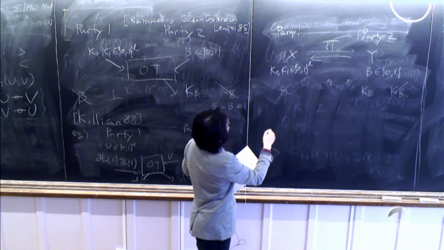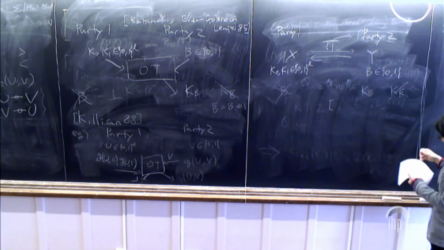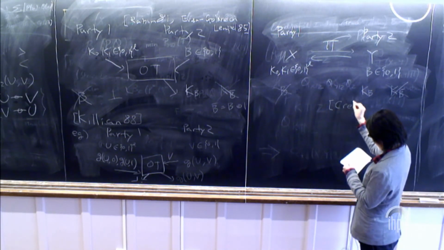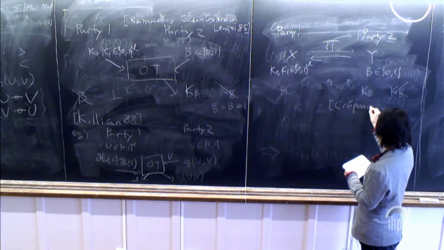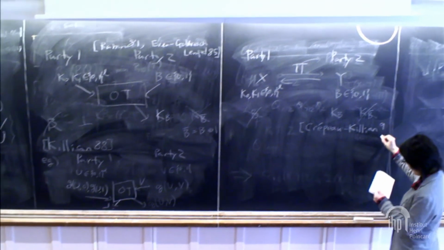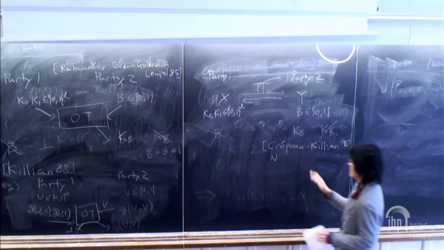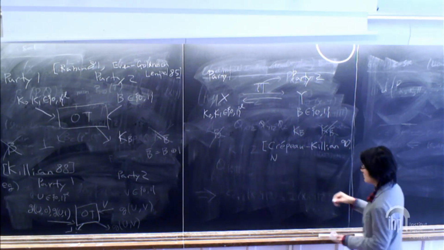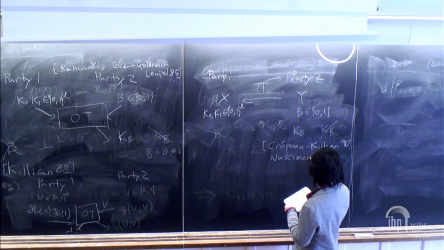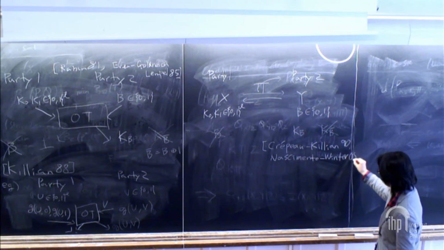So this oblivious transfer from a correlated source, as a resource, was initially studied by Crépeau and Kilian in 1990, and later a more Shannon-theoretic formulation and some capacity results were studied by Nascimento and Winter in 2008.